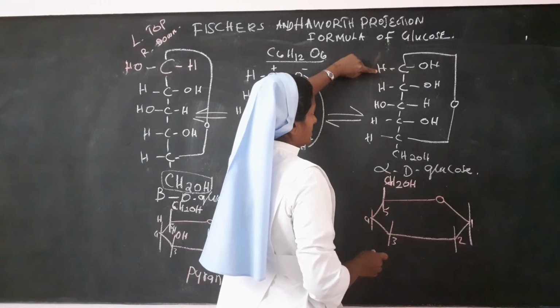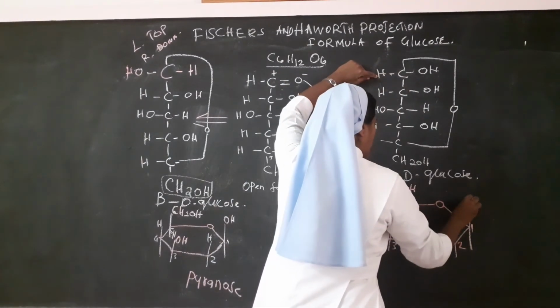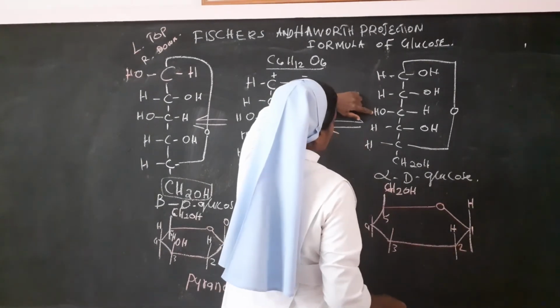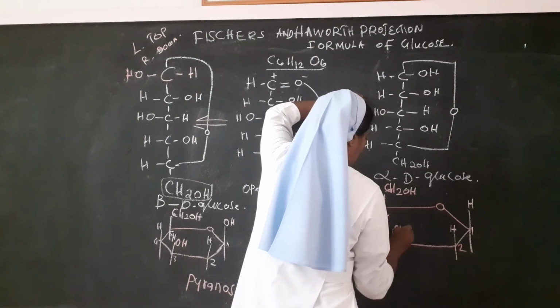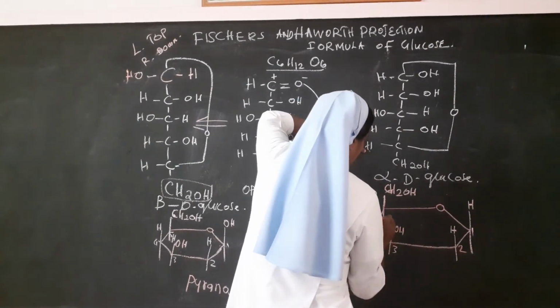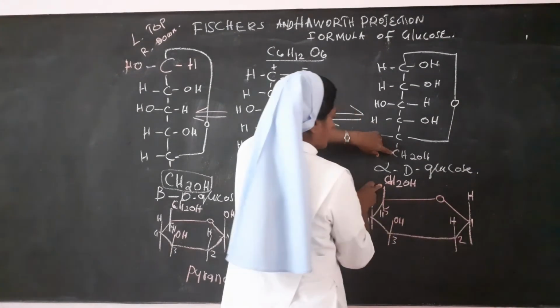Okay, so what is here in the first carbon is hydrogen. The first carbon we write on top hydrogen, second carbon also hydrogen, third carbon it is OH, fourth carbon is hydrogen, fifth carbon is hydrogen. Then the sixth one is CH2OH.